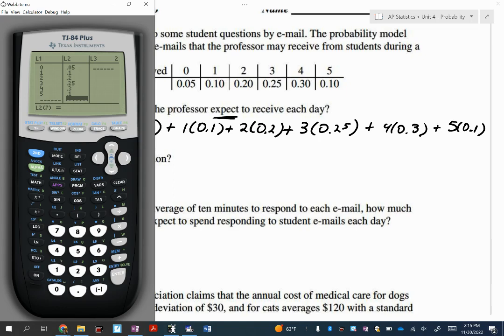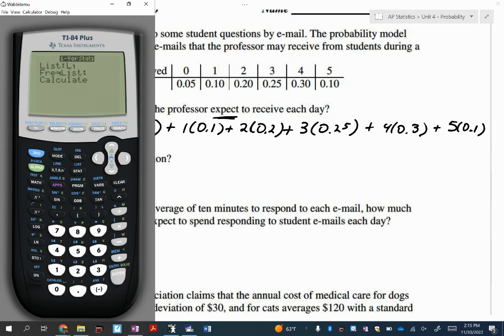No worries. Okay. So now I'm going to go to stat, go to calculate. All right, so stat over to calculate. And we're still just using one variable statistics. This is the same button that we pushed many months ago, earlier on in this semester. So hit enter.